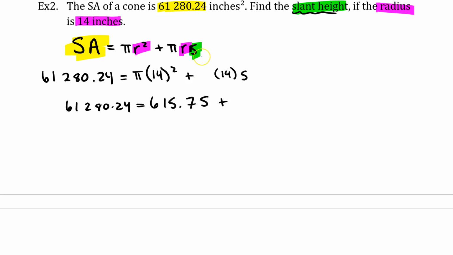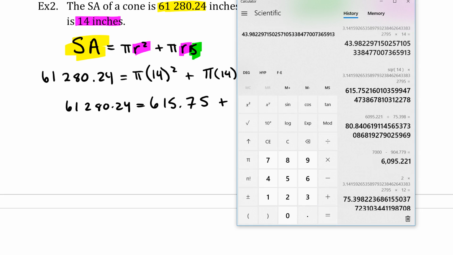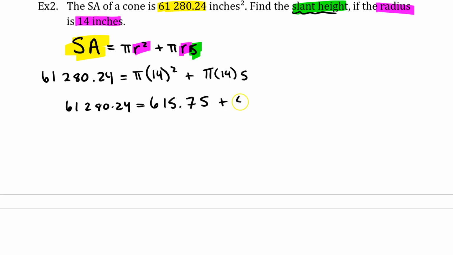This shouldn't be 2, this should be pi. So pi times 14 is going to be 43.98, so 43.98 s. I'm going to switch to writing so it doesn't look like it's a 5.